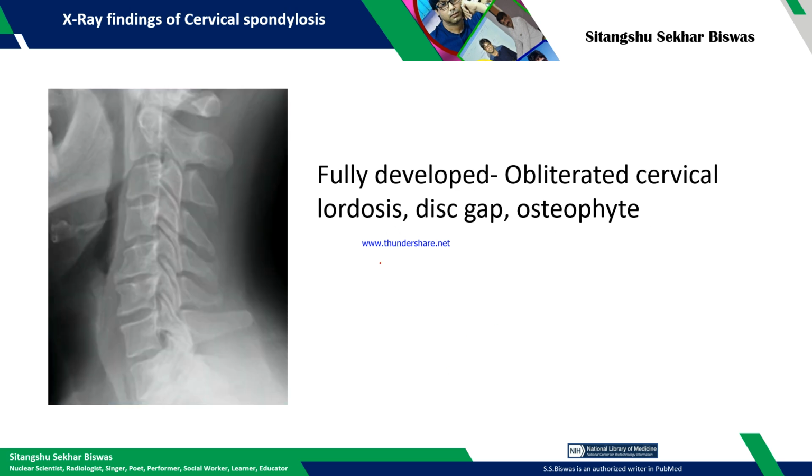Now the second example. You can see here the entire cervical vertebral shape has become a complete straight line. So this is an obliterated cervical lordosis, completely a straight line.